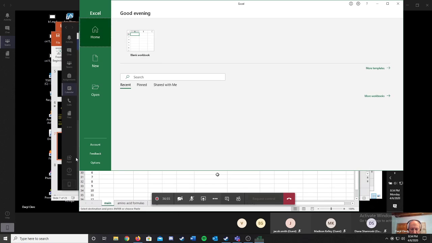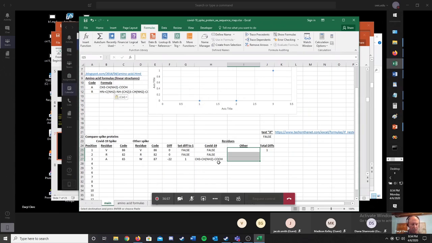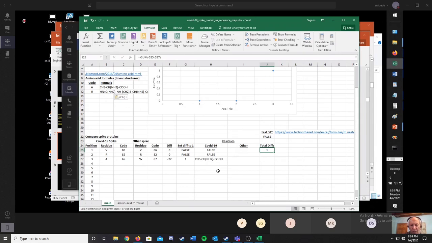That would give us a list of all the residues that differ. And then count the total differences. That's basically just summing up column G. It's adding up all the zeros, which are falses, and the ones, and they're totaled over here.